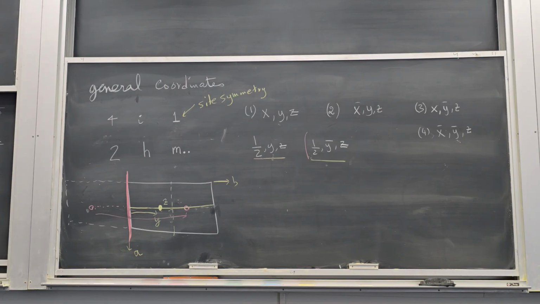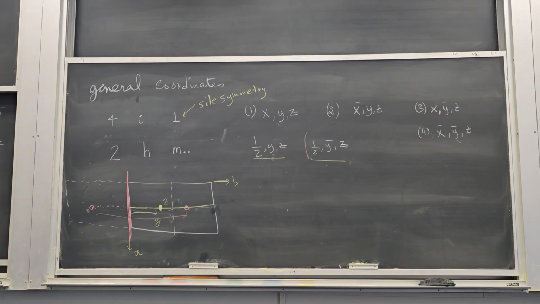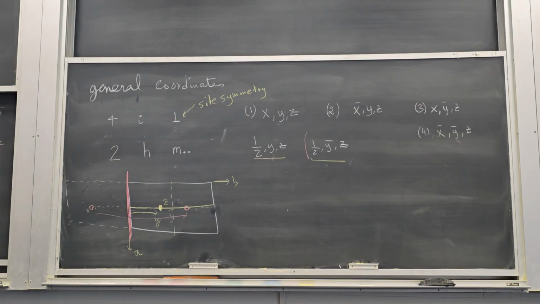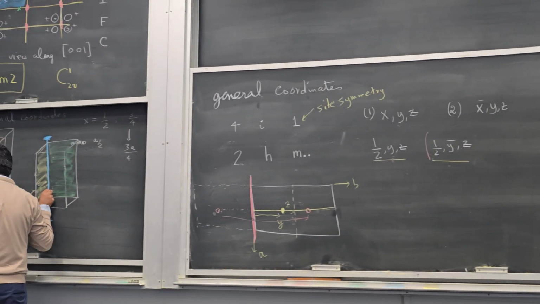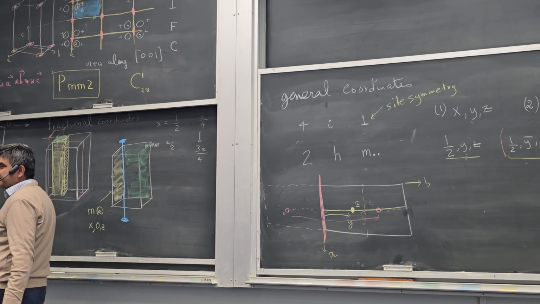Because this is a special position. Right? All of the other positions are special positions because these two positions are related by symmetry operations. This line is itself on a symmetry operation, so it does not need to be connected with any other point. So its multiplicity is 1.